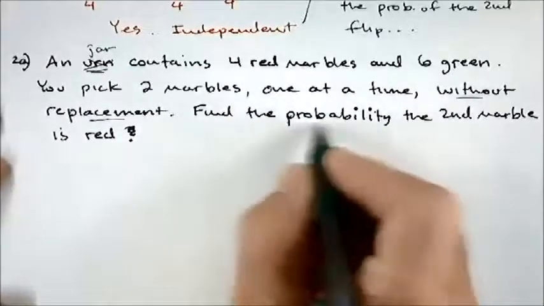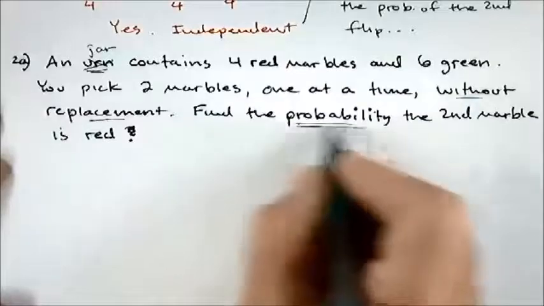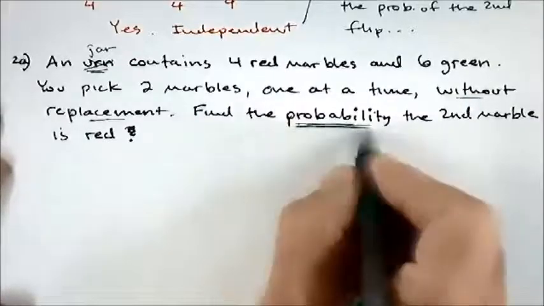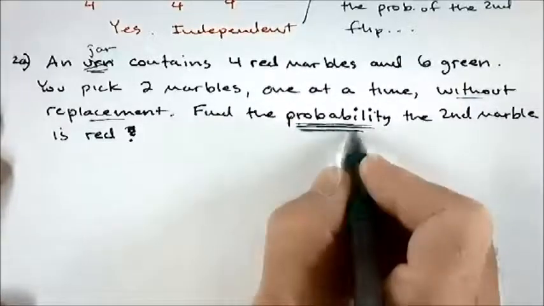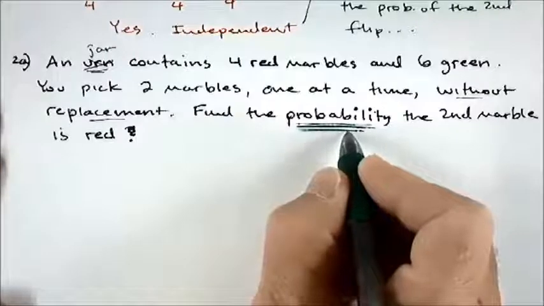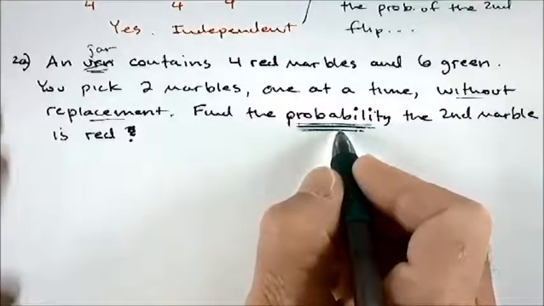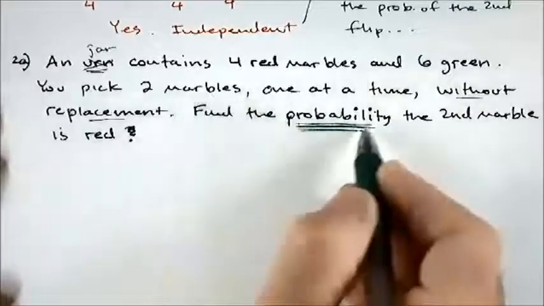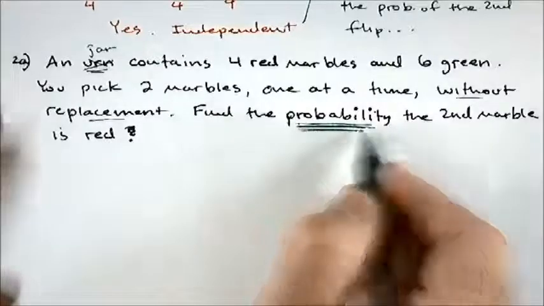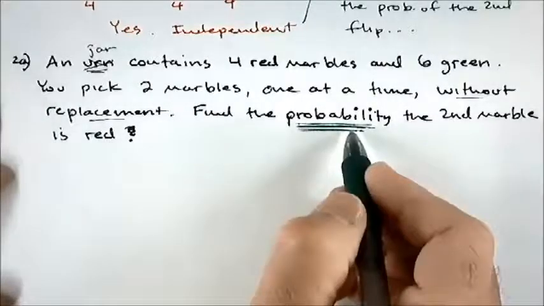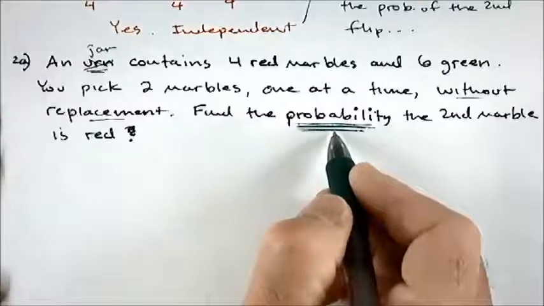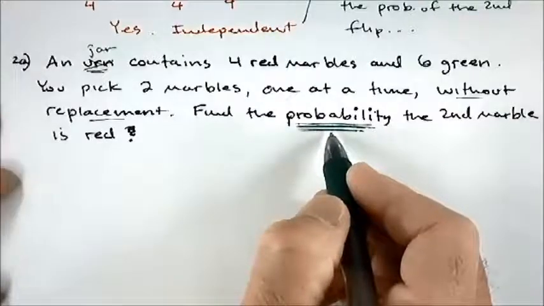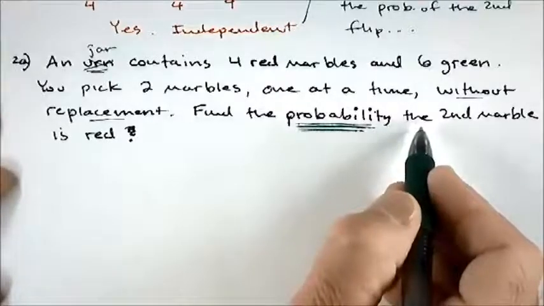Okay, so do you see what's going on here? Find the probability that the second marble is red. We're picking 2 marbles and we're asked to find the probability that the second marble was red. How many people see 2 situations where the second marble could be red?